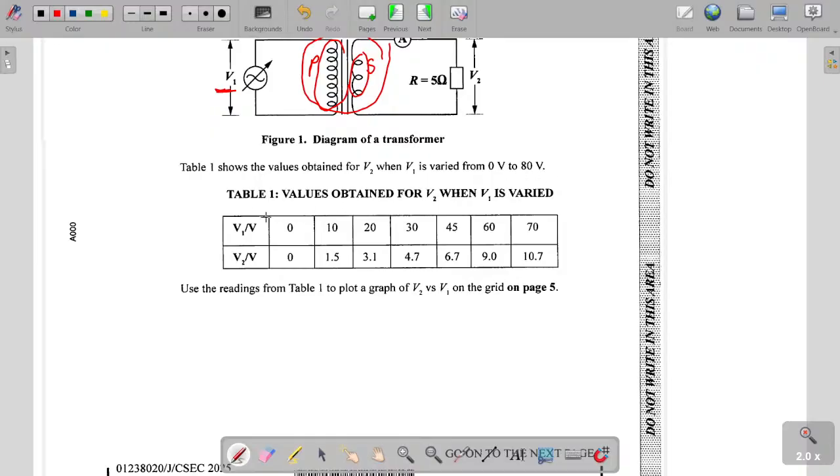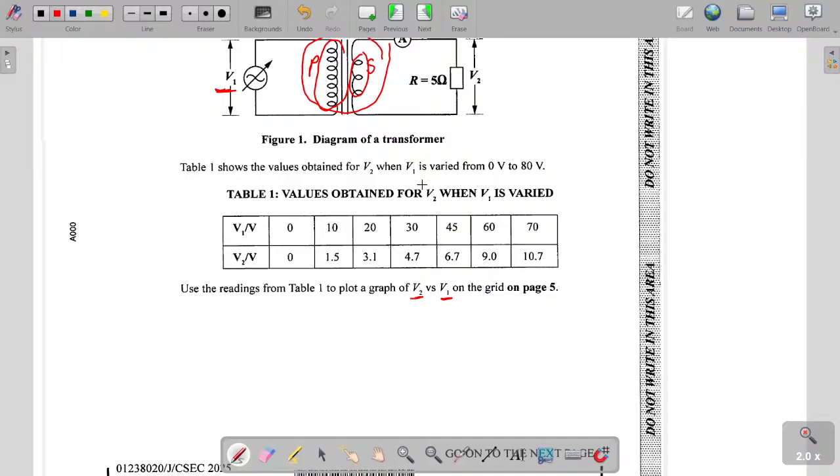So, a very important statement here. We notice that V1 is the one that is being varied, and we are asked to plot a graph of V2 versus V1 using the information in the table. When we are plotting graphs, we always know that we have our responding variable on our y-axis and our manipulated variable on our x-axis.